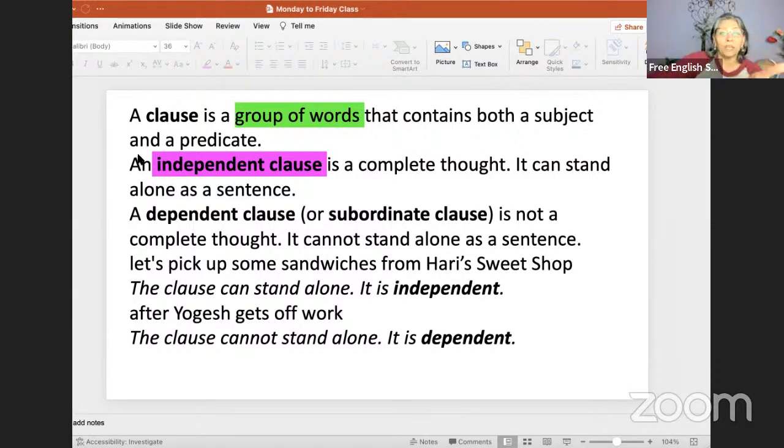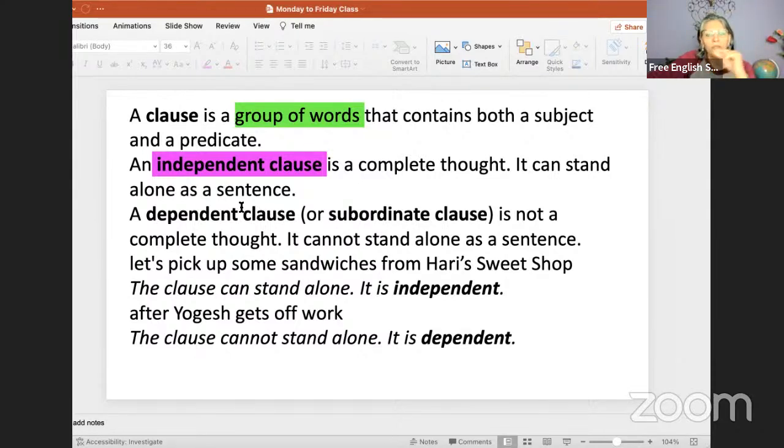Now, a dependent or subordinate clause. So, dependent or subordinate. When we say or, that means you can say this or you can say this. Both are correct.